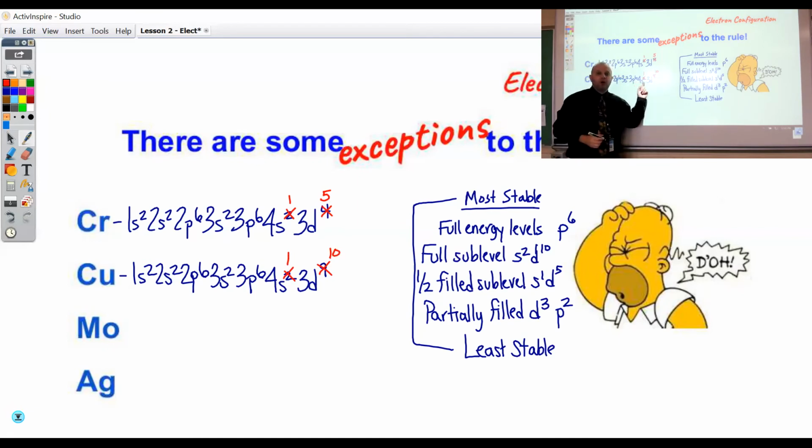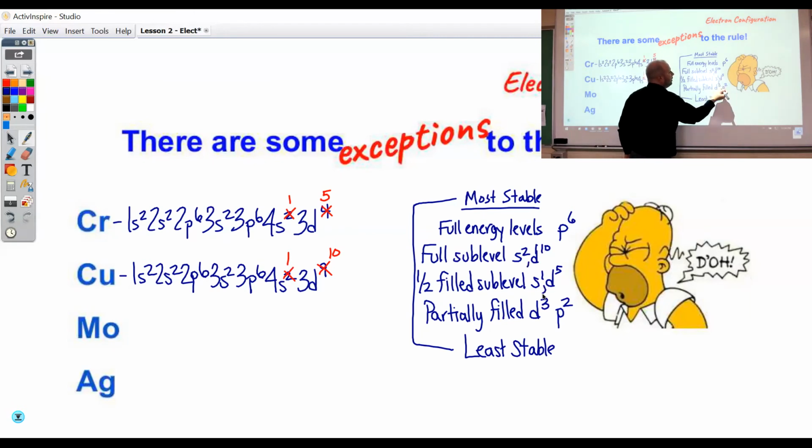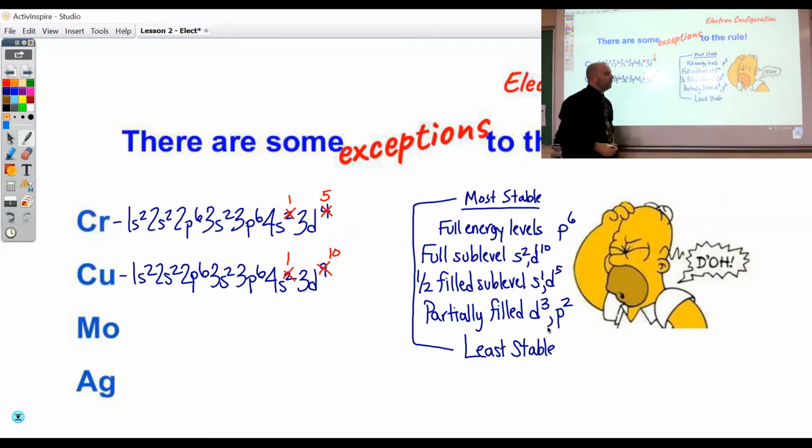It becomes 4s1, 3d10, and now we take a partially filled d9 and we convert it to a full d10. So this, again, is more stable than this. A full sublevel is more stable than a partially filled sublevel. Just want to indicate that these are not connected. They're separate possibilities.